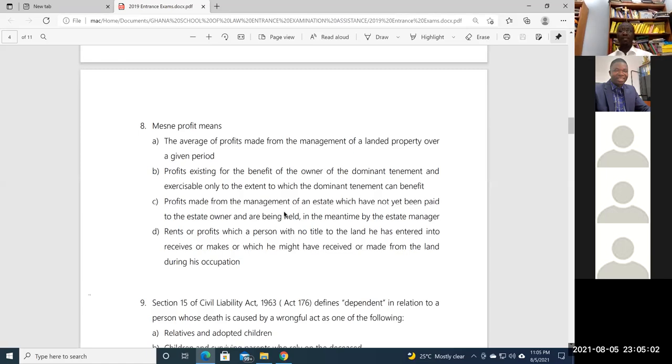Just simply put, if you have a tenant whose tenancy has expired, and he is in occupation as a statutory tenant, he is not paying the original rent, but so long as he is in possession, he has to pay rent, and that is another example of mesne profits.